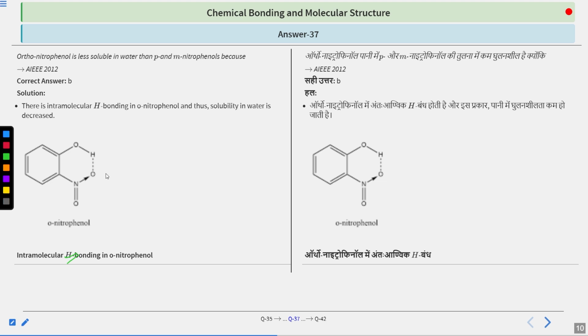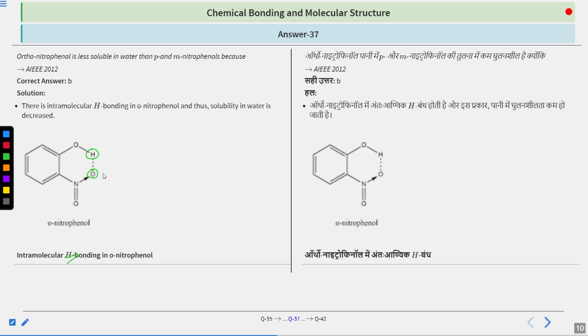Because your oxygen and hydrogen are being involved intramolecularly and will not be able to interact with the water molecules surrounding the orthonitrophenol. Intramolecular processes are given priority; if you see reactions also, intramolecular reactions are always the first priority. Similarly, intramolecular hydrogen bonding takes priority over hydrogen bonding with other water molecules.